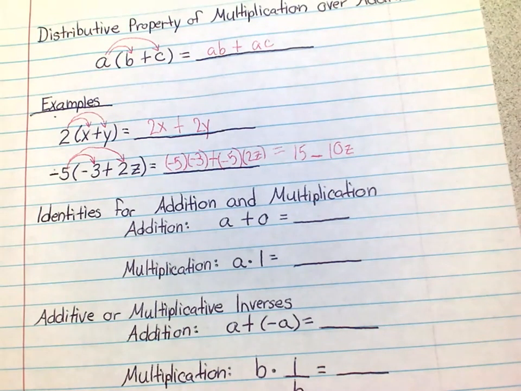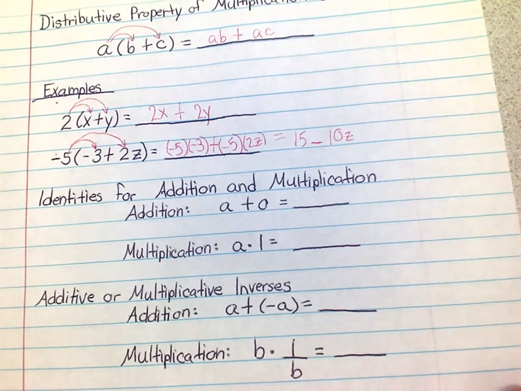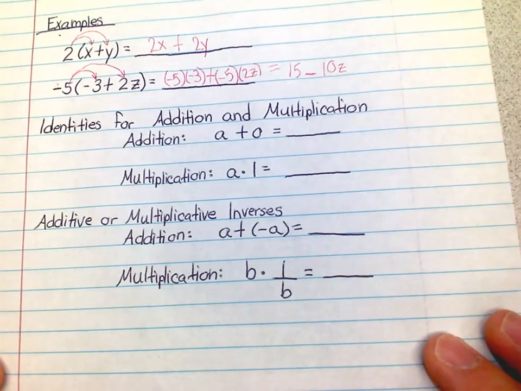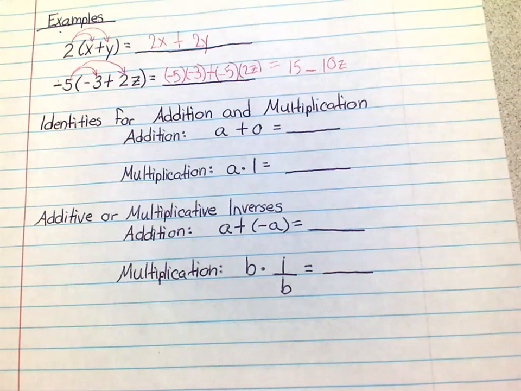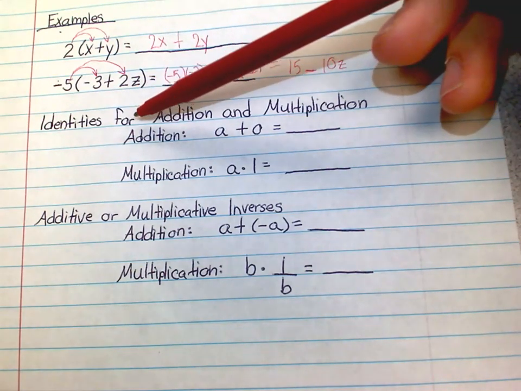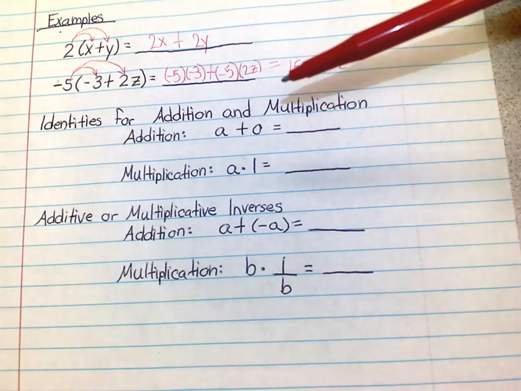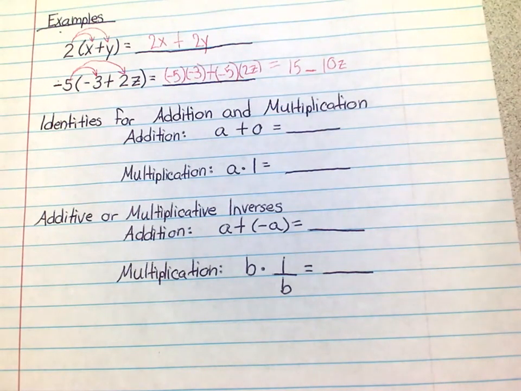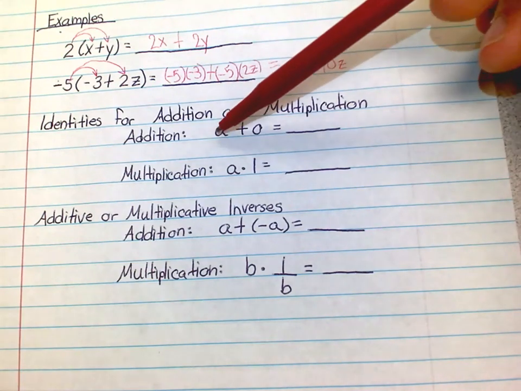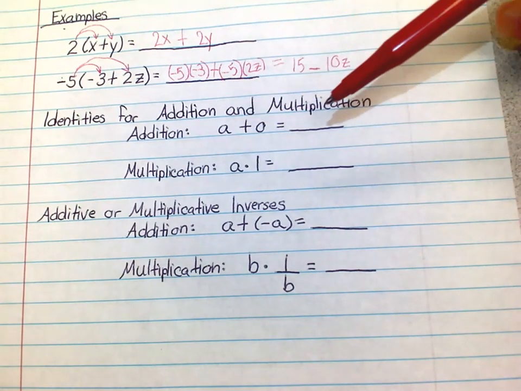Okay. The next important aspect of properties of real numbers are the identities for addition and multiplication, and the additive and multiplicative inverses. First, let's talk about the identities for addition and multiplication. The goal for identities is to end up where we started, or if we get an A in the beginning, we want to get an A in the end.